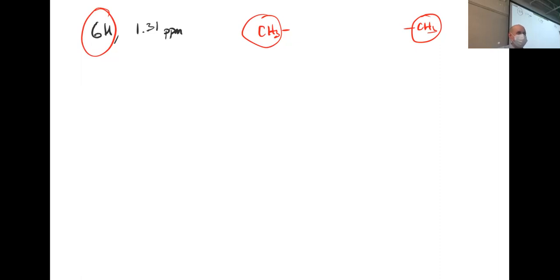So this is pretty much all you could do. Maybe it's 2 doors down from a carbon-containing functional group, or maybe it's not, but this is all you would know. 2 identical CH3s, not next to anything fancy. Sound good? So here you just have a lack of information, but it's still something.